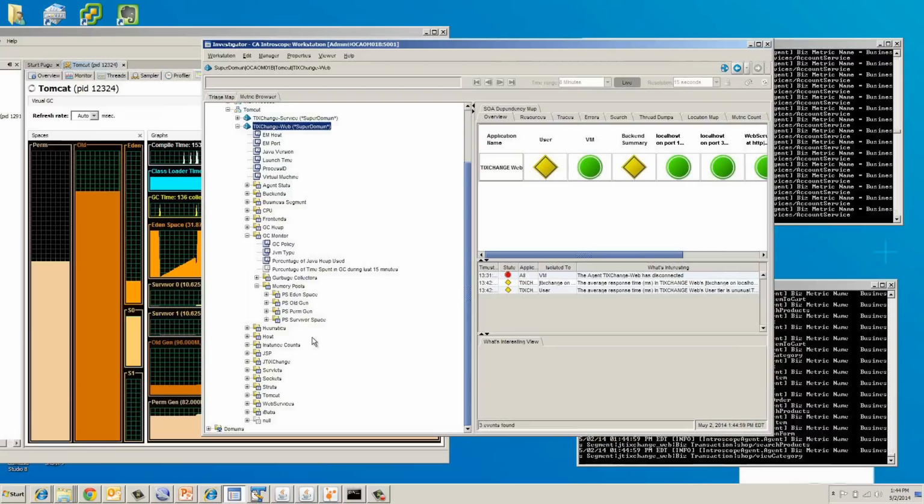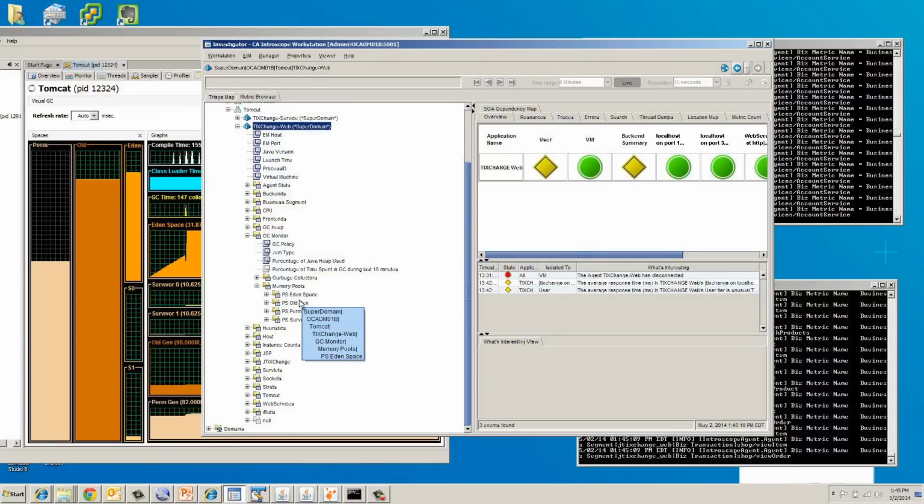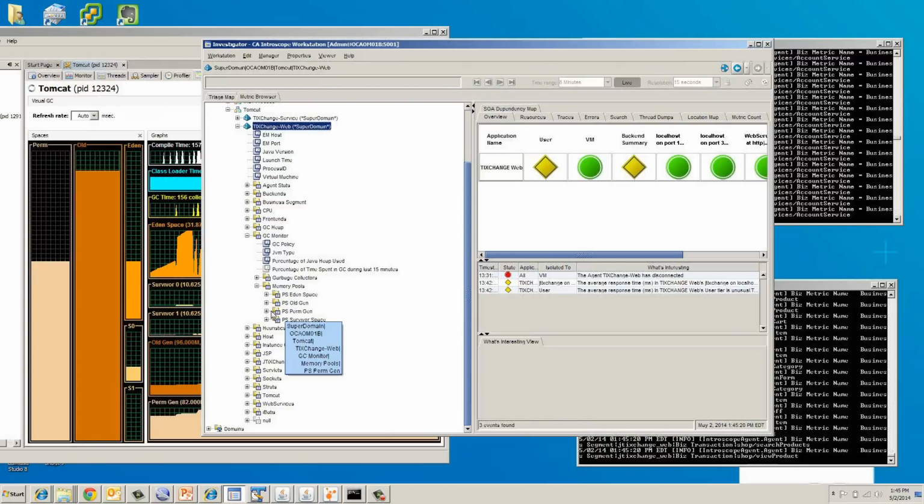As we mentioned, we're not really interested in the survivor space. It doesn't really tell us much. We're more interested in understanding the size of the Eden and old generation space, and of course the performance of the collectors.